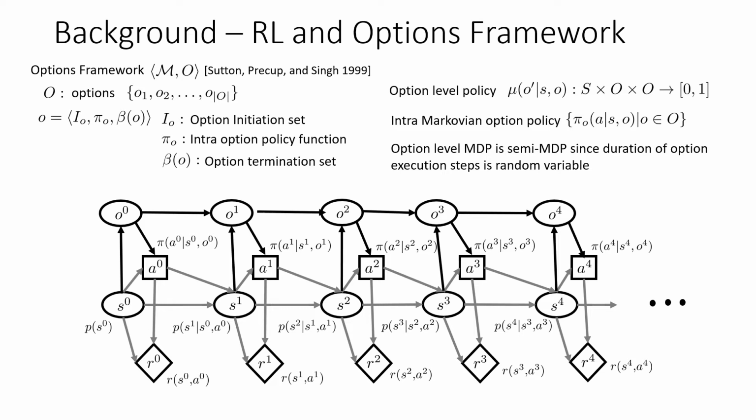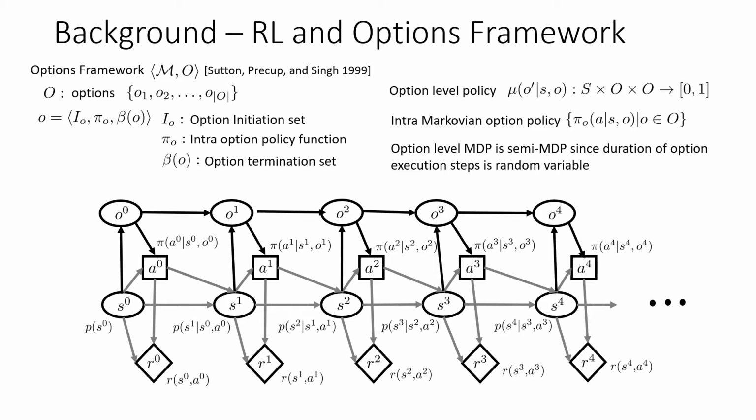In the following stages, we check if the option selected at the previous stage can be terminated. If we can terminate that option, then we select a new option that can be initiated. Otherwise, we continue generating actions from the same intra-option policy function.